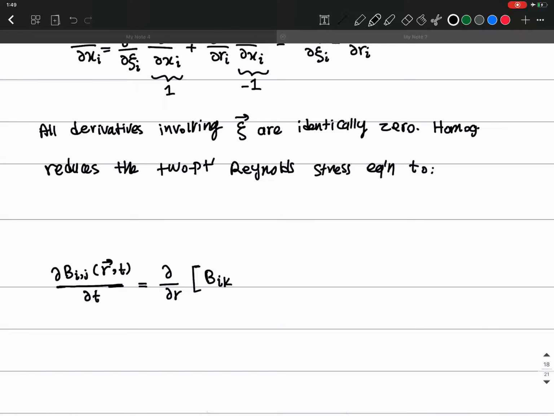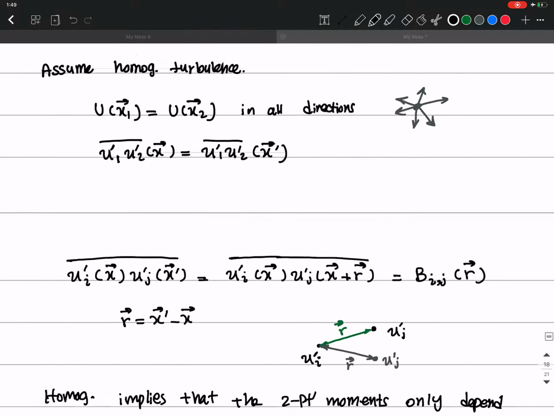B_ikj(r, t) minus B_ijk(r, t), and this is going to be these two terms.